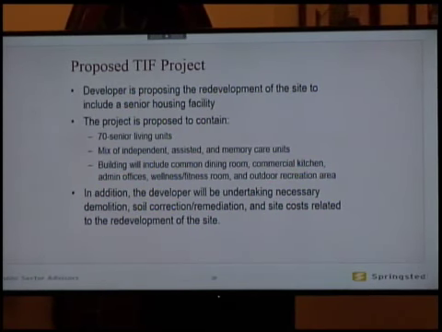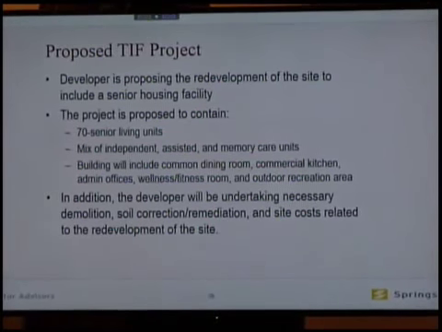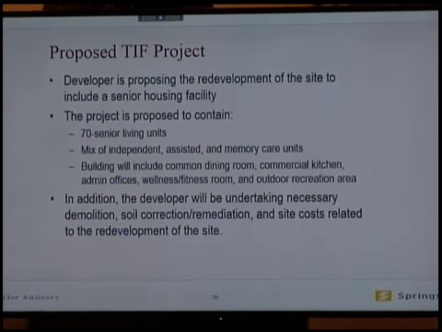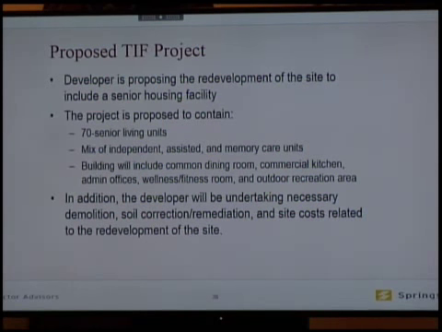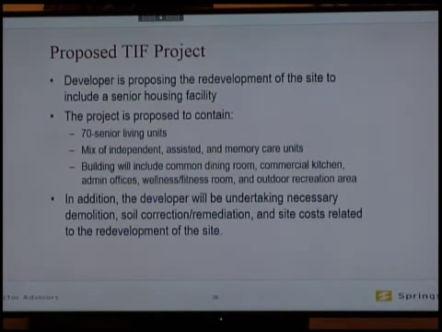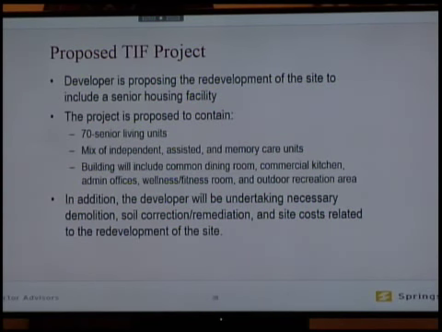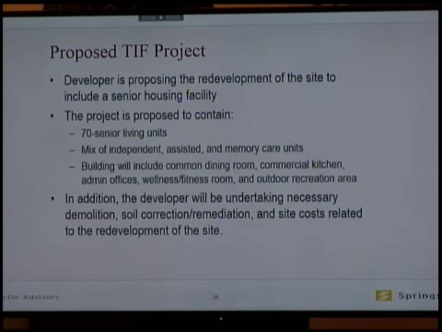The proposed TIF project, developer Trident, represented here today, is proposing the redevelopment of the former bus garage site to a senior housing facility that is proposed to contain 70 senior living units, a mix of independent, memory care, and assisted units, and the building would include a common dining room, kitchen, admin offices, fitness room, and outdoor recreation area.